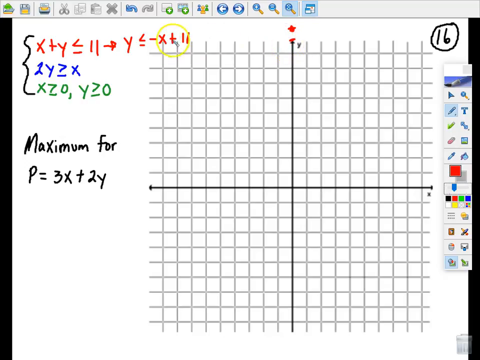And then we'll count a slope of -1, which is down 1, right 1, down 1, right 1. And let's draw this red boundary line. Make sure I got all my points lined up properly. I think they're right.